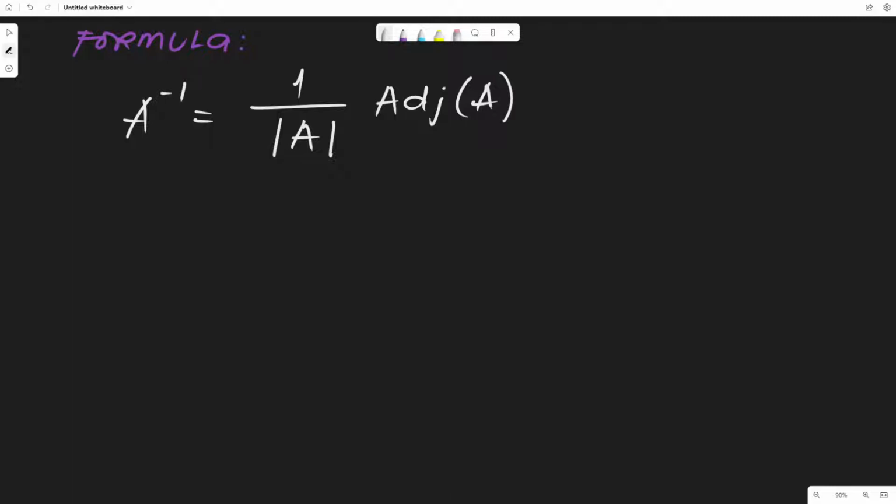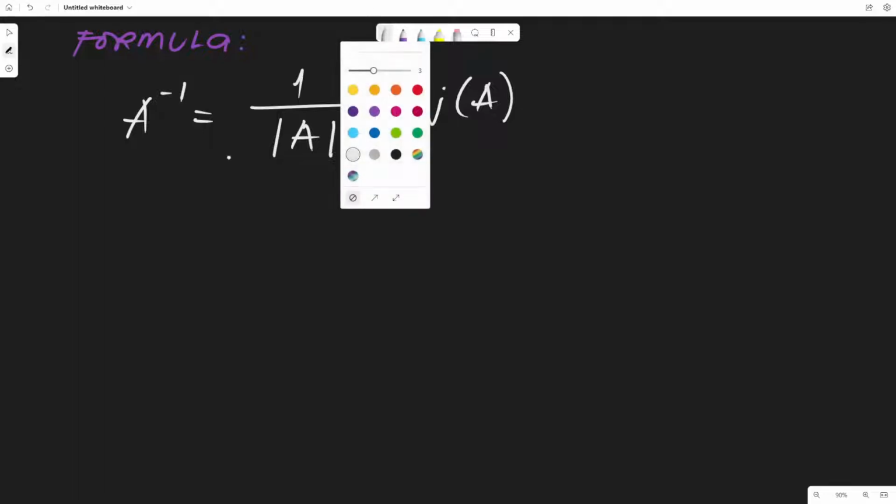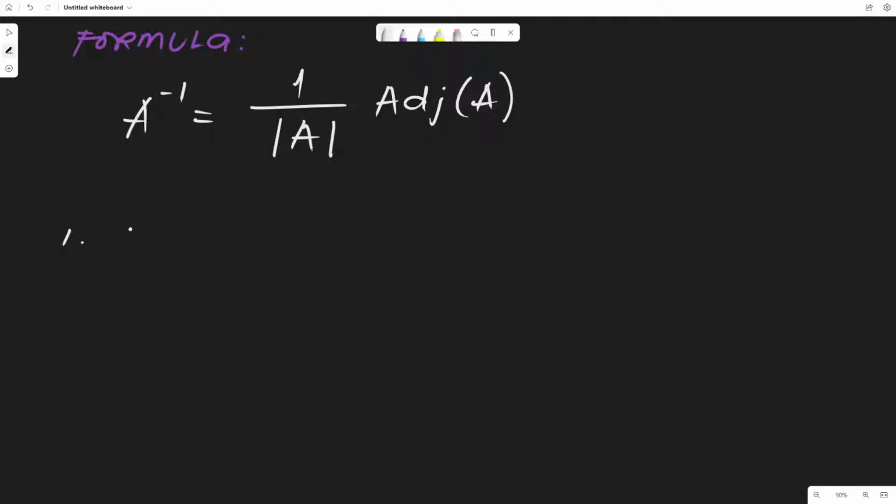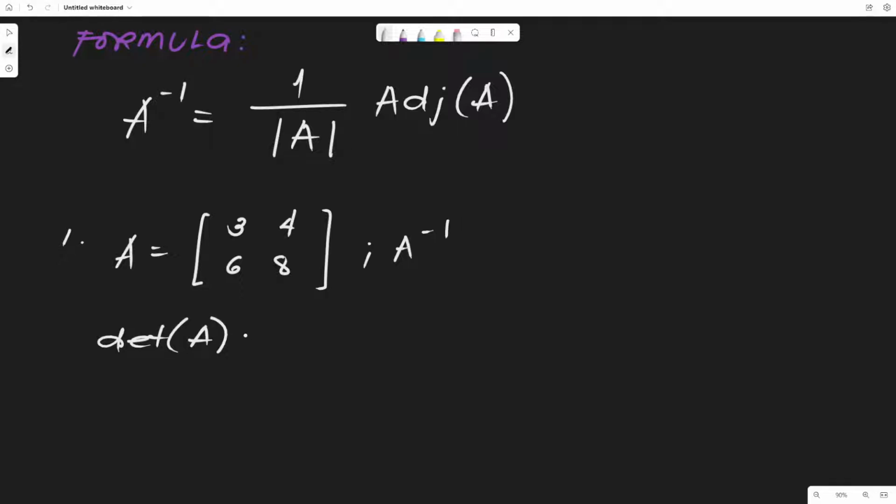So how do we use this formula? For example, I have here my first matrix: 3, 4, 6, 8. We are asked to get the inverse of this matrix. First, let's get the determinant.